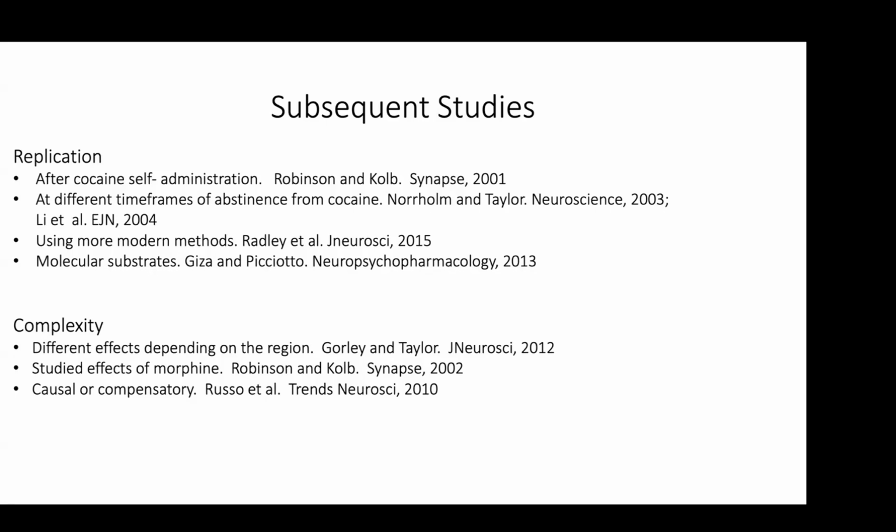So different changes depending on the subregion, and opposite effects of opioids and morphine in comparison to the effects of cocaine. And they started to inquire whether these changes were causal or compensatory. So the chicken or the egg question: what was happening first, the synaptic density changes or the cocaine administration?